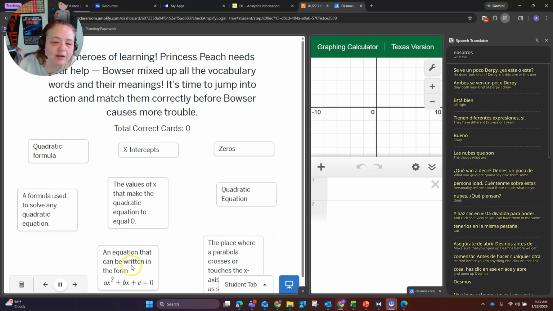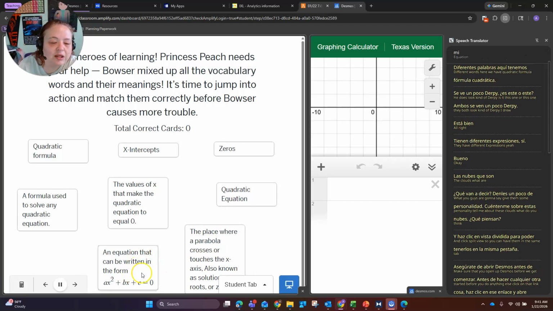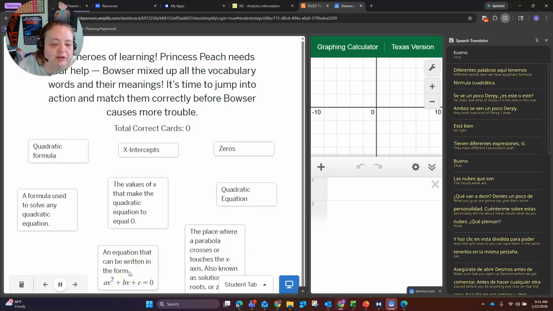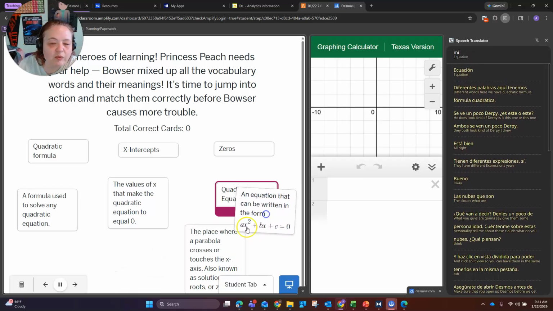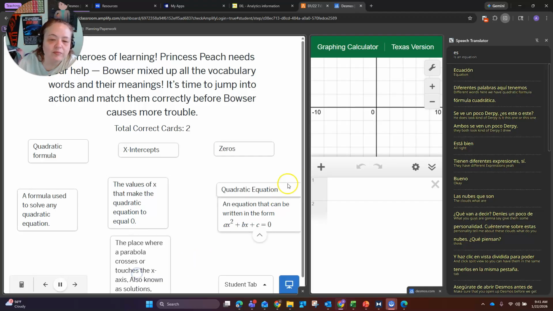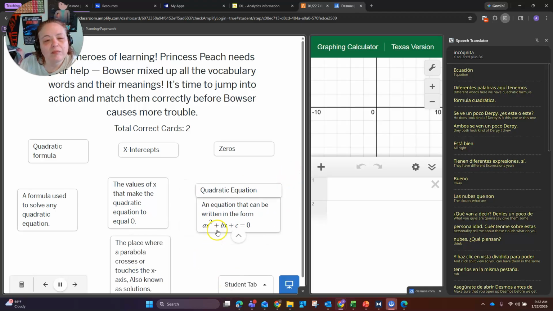Okay, so a quadratic equation is an equation that can be written in the form ax squared plus bx plus c equals 0. A formula used to solve any quadratic equation.